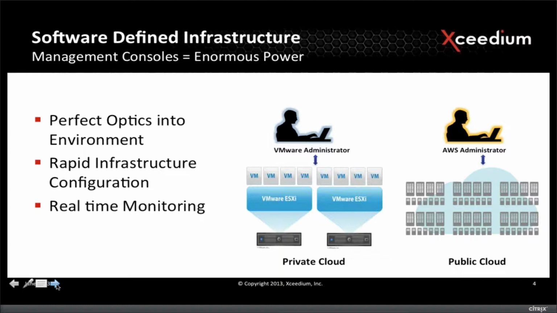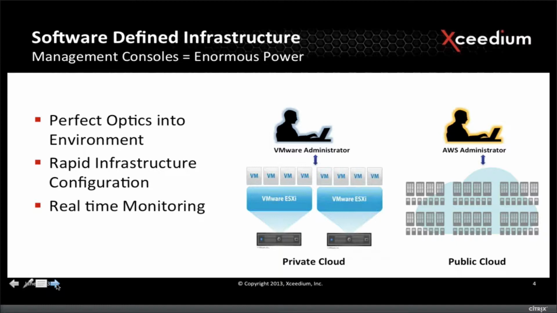People could plug new things into the network, the old server under the desk, or a Wi-Fi hotspot, somewhere behind your perimeter. Always bad things. In a cloud environment, you can't do that. In a virtual environment, it's a bit more difficult as well. So this idea of rapid infrastructure configuration is a really important thing for security as well.